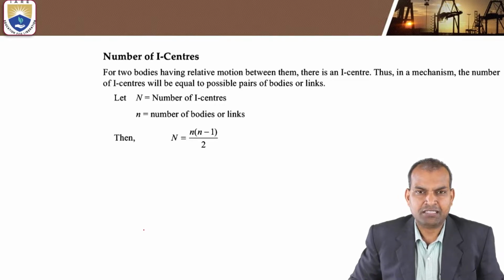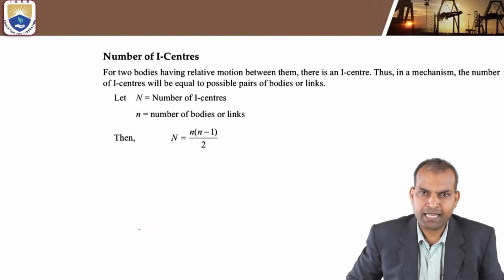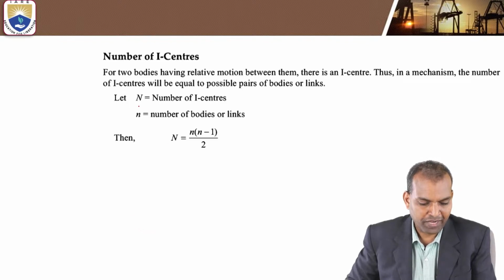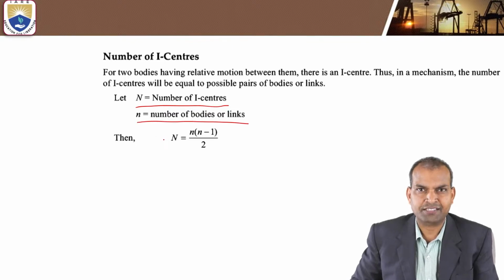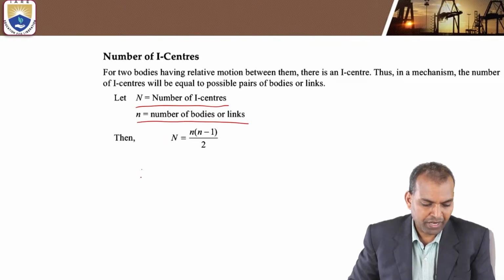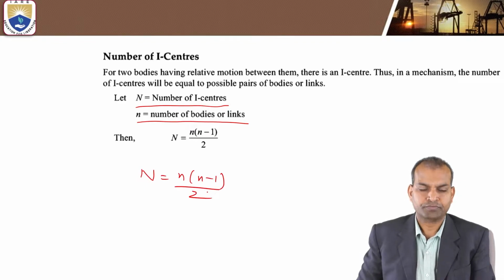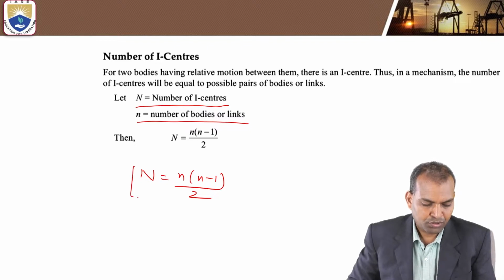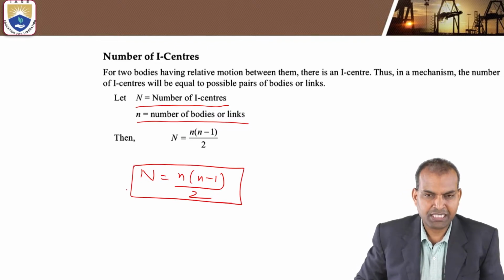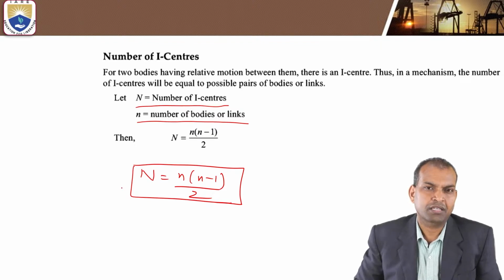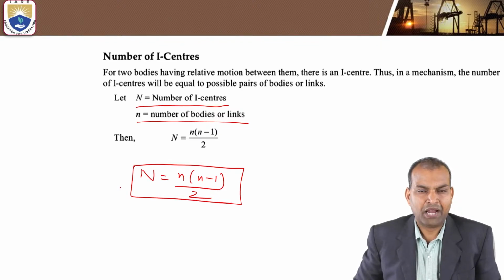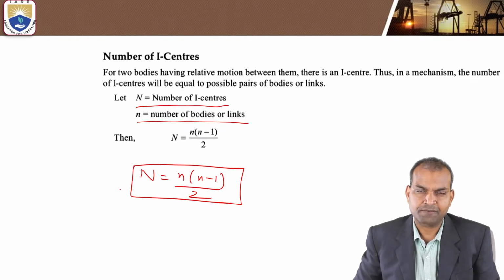The number of I centers formula is N equal to n into n minus 1 by 2, where capital N indicates the number of I centers and small n indicates the number of bodies or links. This is the formula to find out the various instantaneous centers of a mechanism having a number of links.